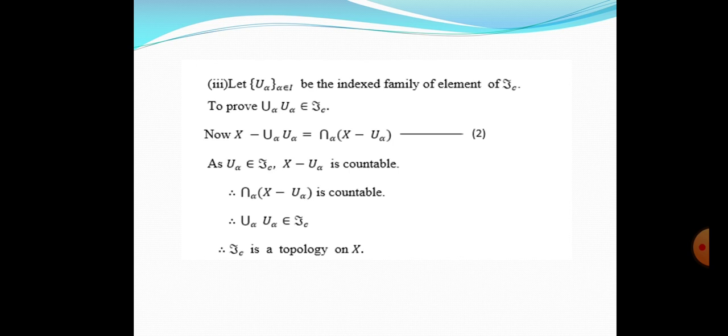Therefore, the union of u_alpha belongs to tau c. Therefore, tau c is a topology on x because the second property and the third property are also satisfied.